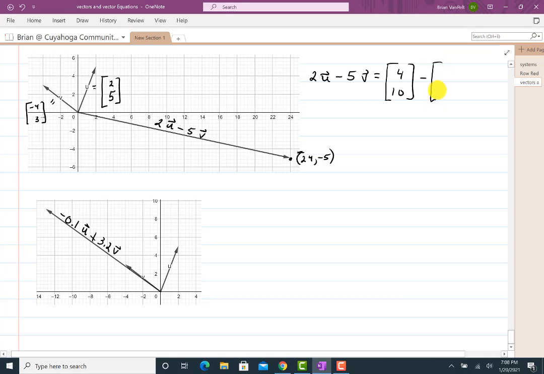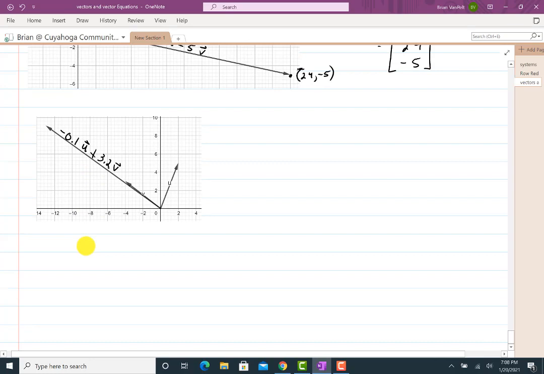And the 5v, let's see what that was, negative 20, 15. So now when you subtract them, you do get the 24, negative 5. So I'll let you do the other one on your own. You can see what's going to happen there and track the ends and everything like that.